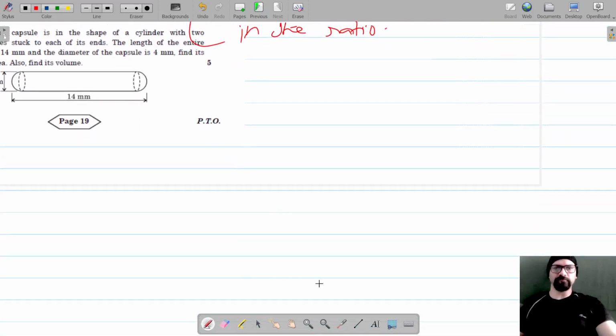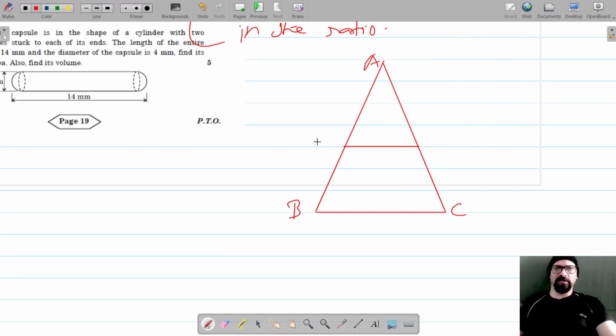So for that, I'm going to draw a figure first and we will do some construction. So this is the triangle ABC. A line is drawn parallel to one side of the triangle to intersect the other two sides in two distinct points. So let this triangle be ABC and DE is parallel to BC to intersect the other two sides at D and E. Then the ratio AD upon DB is equal to AE upon EC.